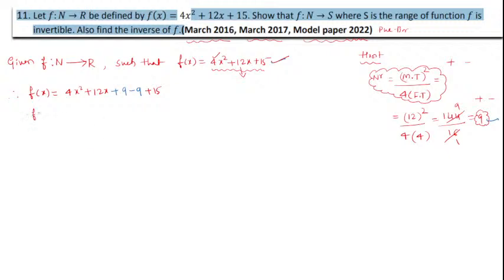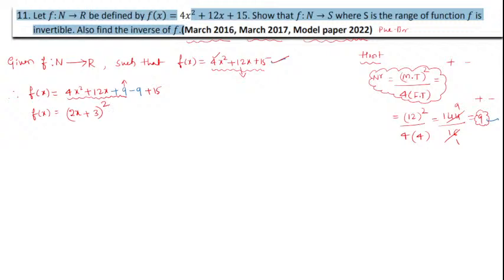So your f of x is again given by 4x square plus 12x plus 9, which is a complete square, that is, 4x square can be written as 2x whole square, right? And the symbol here is what? Plus. If it is plus you write plus, if it is minus you write minus. And the last term, 9, is also the square of 3. So totally I can write this as 2x plus 3 whole square.